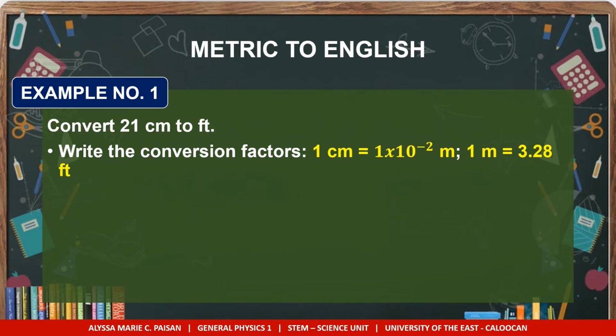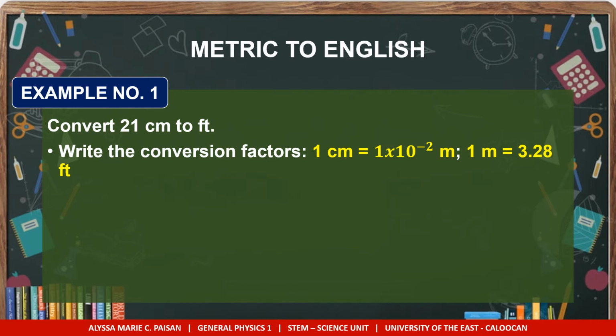In cases like this, you must look for 2 appropriate conversion factors. I chose 1 centimeter is equal to 1 times 10 raised to negative 2 meters because I saw in the table that meter can be converted to feet. 1 meter is equal to 3.28 feet.